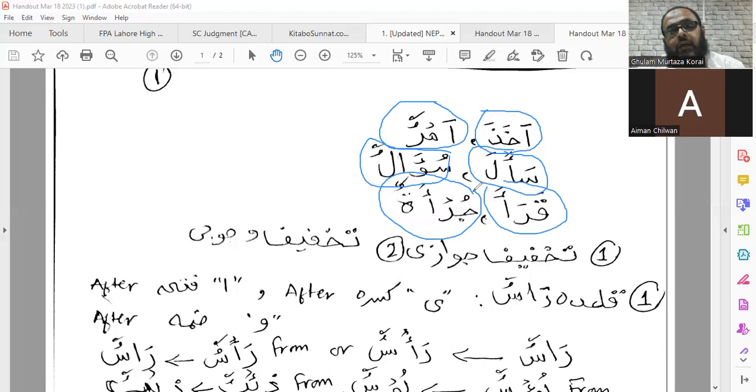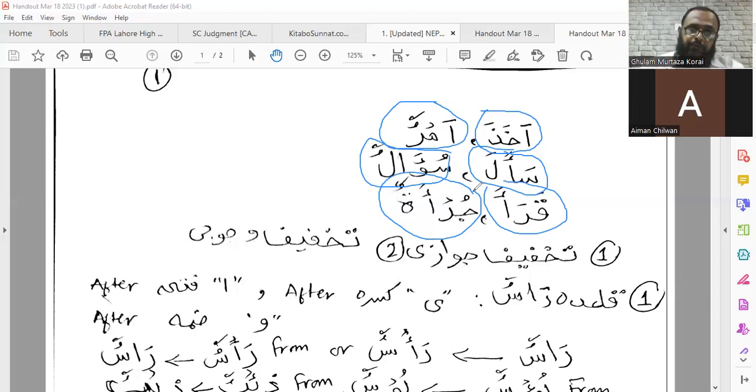It was yas'alu. From yas'alu, it became yasalu. So there is a drop of letter. There is a drop of something. In ya'idu, waw was dropped. In yasalu, hamza was dropped. So how do these changes take place? This is known as hadhf.